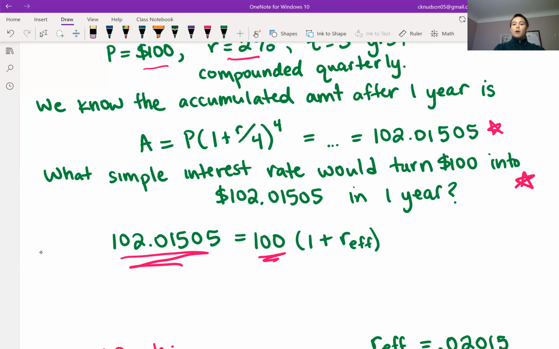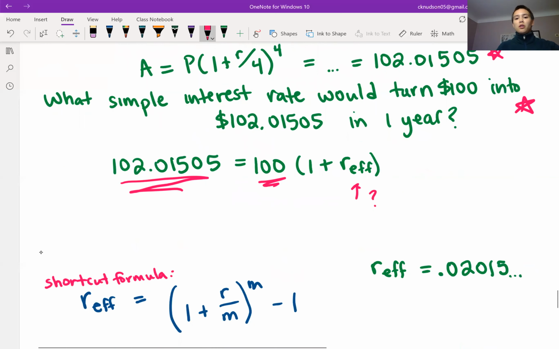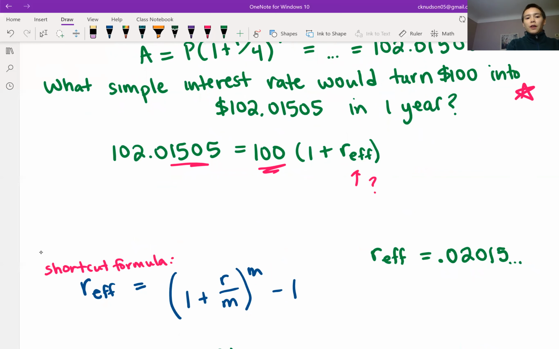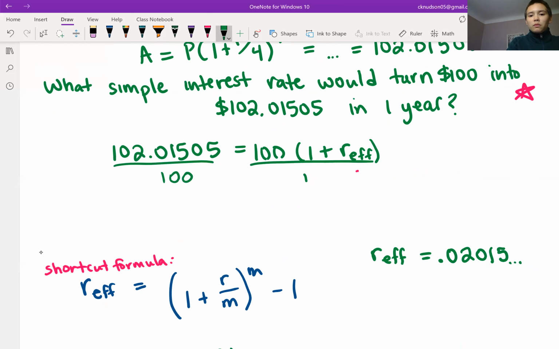So now what we're looking for is this effective rate. We're wondering what that effective rate is, so we can just solve for it. First thing we need to do is divide both sides by 100. Now that means that on the right-hand side, we have 1 plus the effective rate.